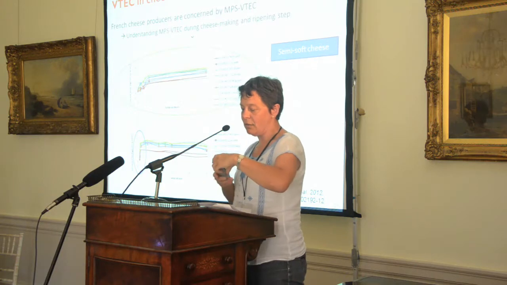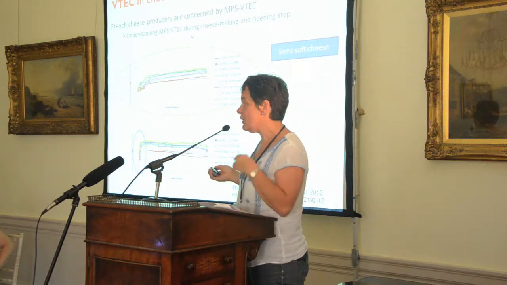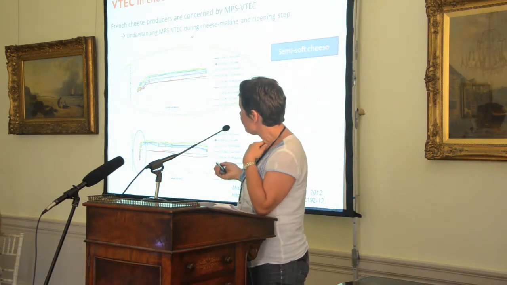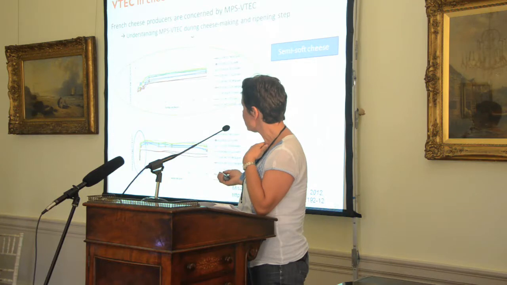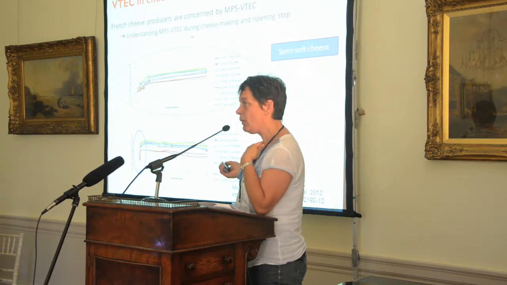These are results from challenge tests with raw milk cheeses, and basically we inoculated raw milk cheeses with between 50 to 100 STEC per milliliter, and then looked at how they were behaving.